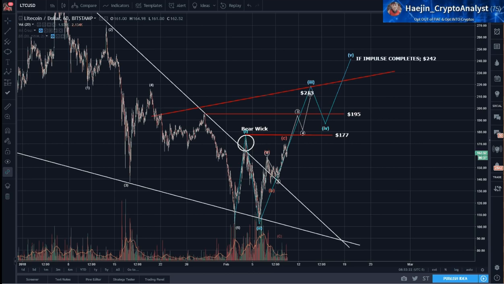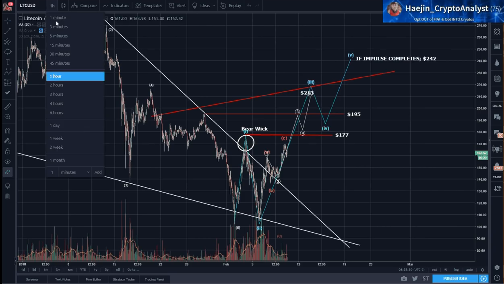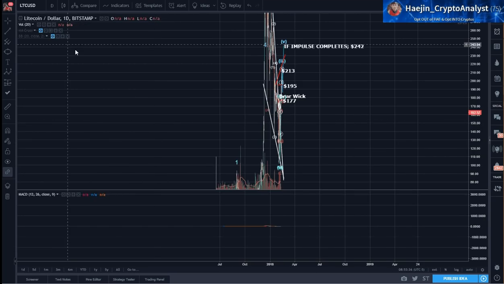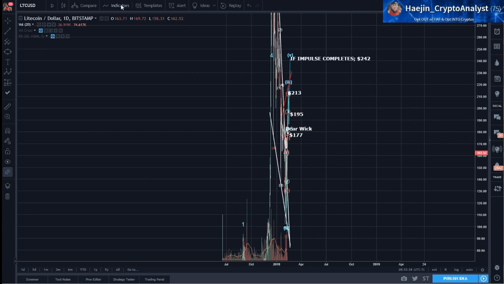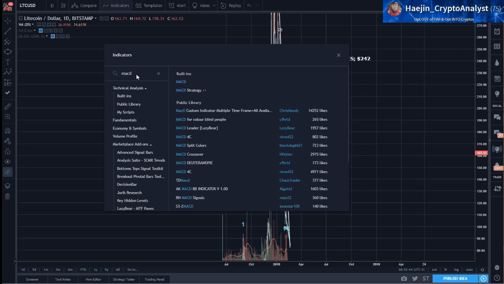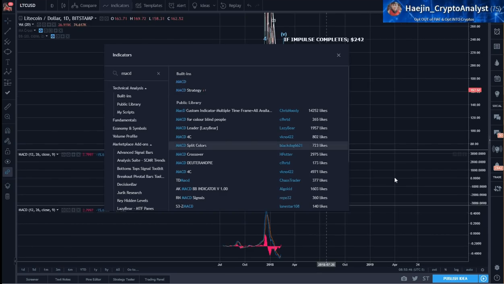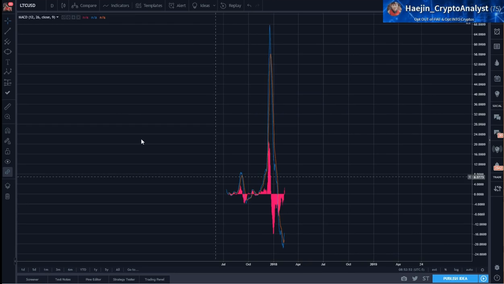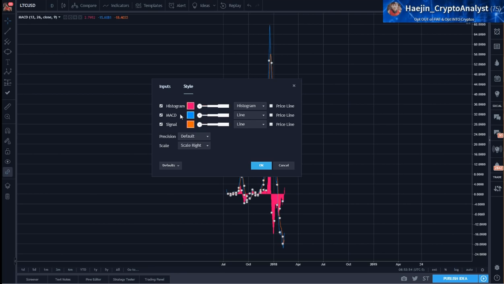The only other thing that I want to take a look at is, let's go to the daily chart and check out the MACD indicator. I use the MACD indicator to tell me if the overbought, oversold situation is resolved or not.